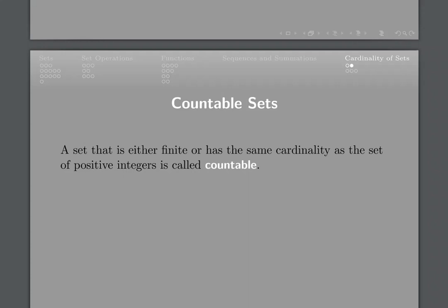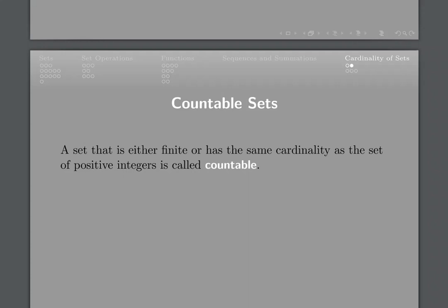I actually probably shouldn't say that because, as we'll see later on, we already know that some subsets of the set of positive integers are infinite. And we've shown that they are countable.